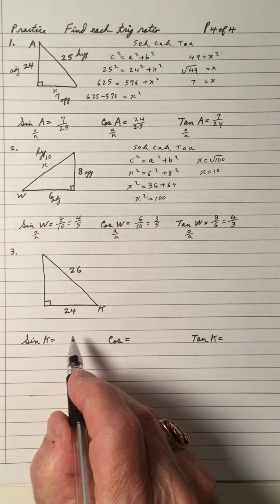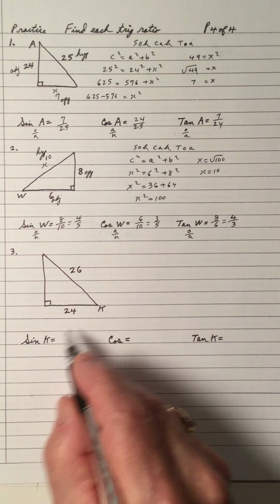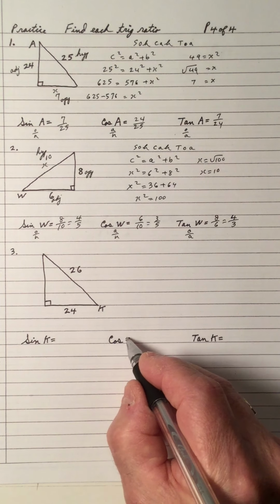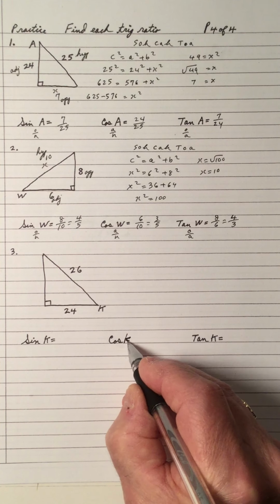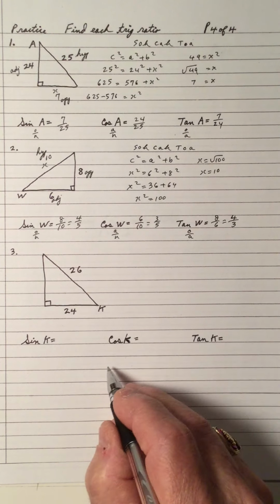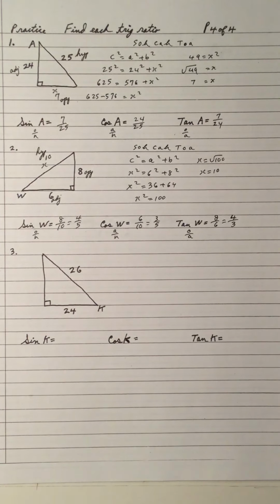Number 3, we have a triangle with a right angle, and we need to find sine, cos, and tan in terms of K. I left off the angle K right here. Let me put the angle K in. Sometimes, no matter how many times you proofread, there's always something you miss, because I'm the only one doing all these videos and organizing things.